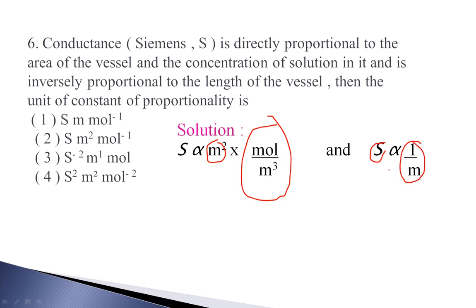On combining these two relations, proportionality signs are removed and a constant k is introduced.